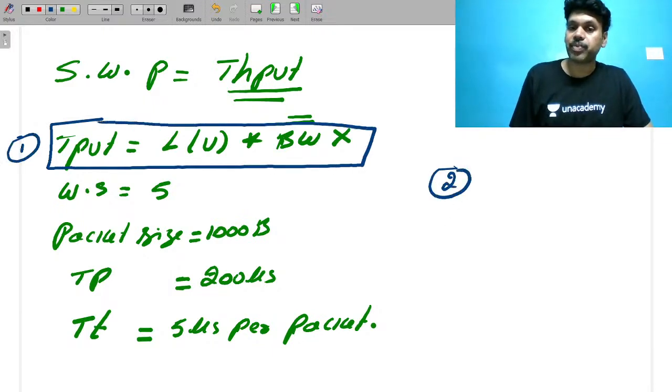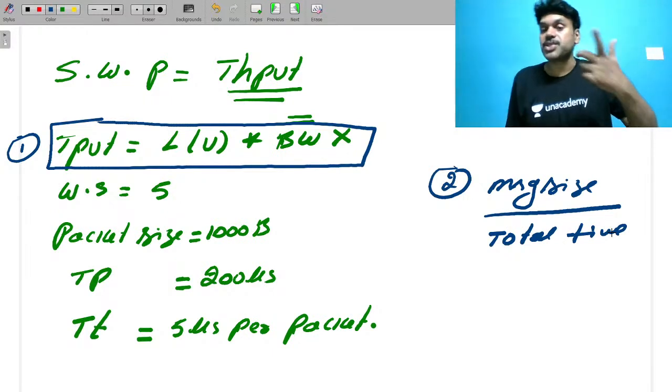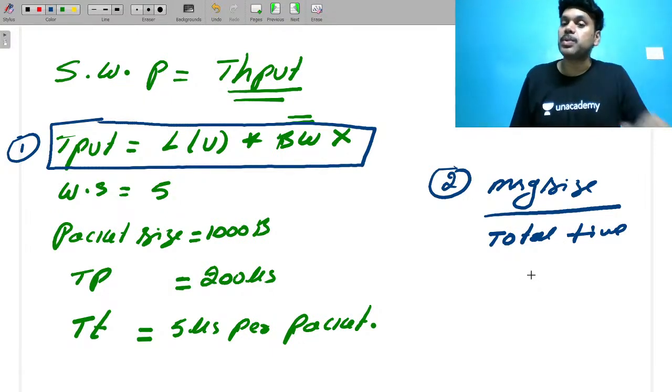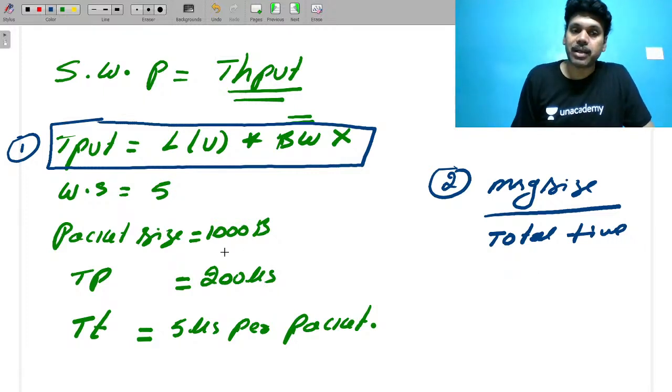What is that? This is a second throughput formula. Your message size divided by your total time. This is also one style of equation to find the throughput in the absence of bandwidth. Now, what is your message size and what is your total time? So let me give you, message size is nothing but 1000 bytes.